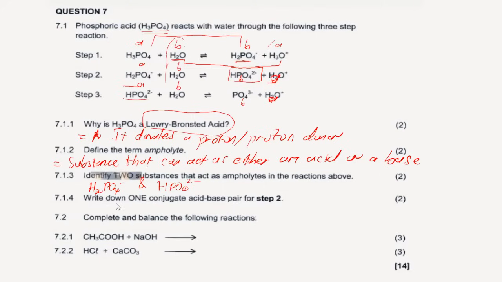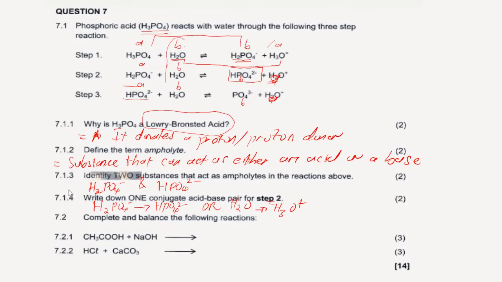Then 7.1.4 says write down 1 conjugate acid-base pair for step 2. Now already we have seen this. This is an acid. This acid will go with its conjugate base here. So to write it, we simply say the conjugate pair can be H2PO4 minus to HPO4 2 minus, or the other one that you have is H2O to H3O plus, right?